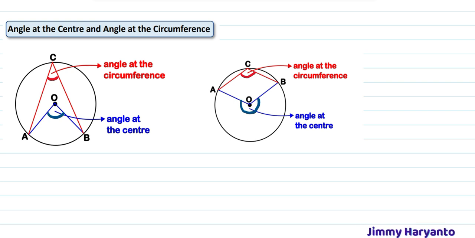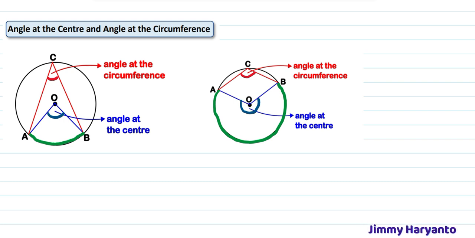Okay, so I want to explain that both of them correspond to each other because they are facing the same arc. As you can see, these blue sectors and the red one are facing the arc of AB, and this one is also the same, they are facing the arc of AB, but this one is greater.